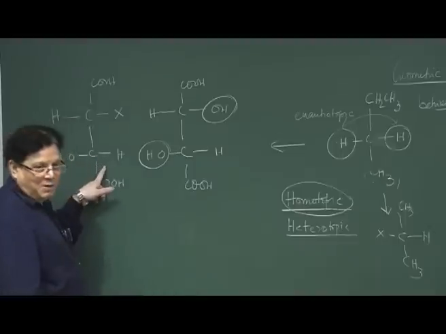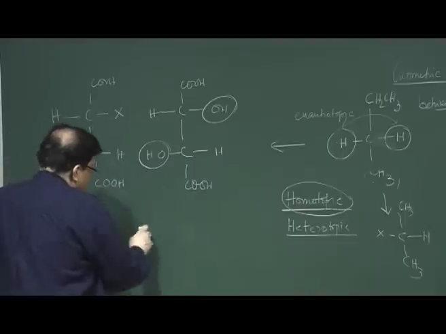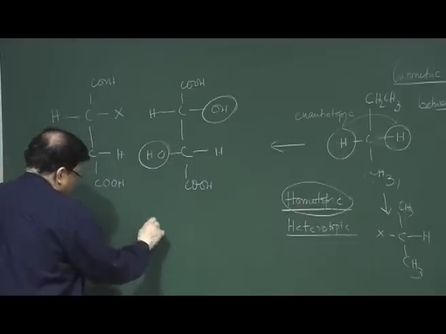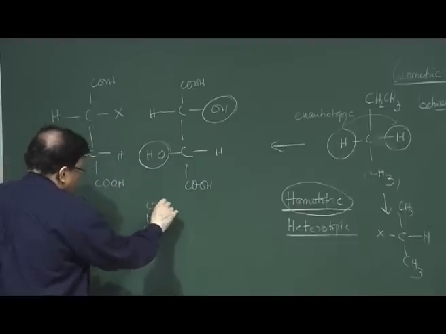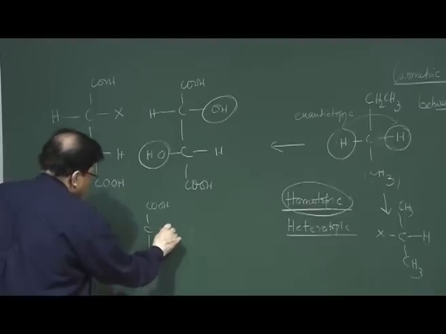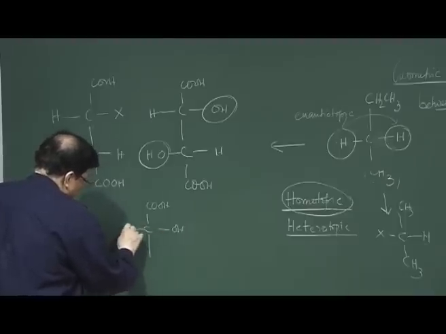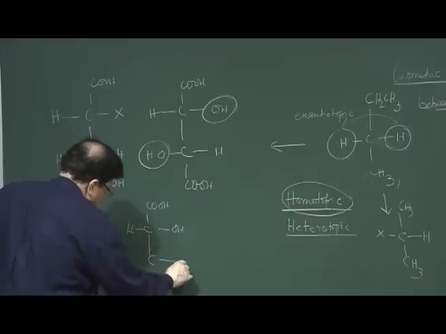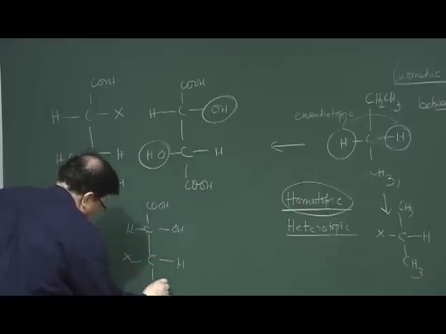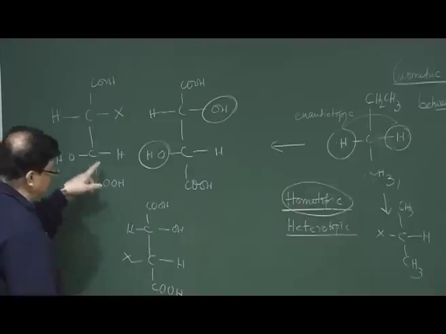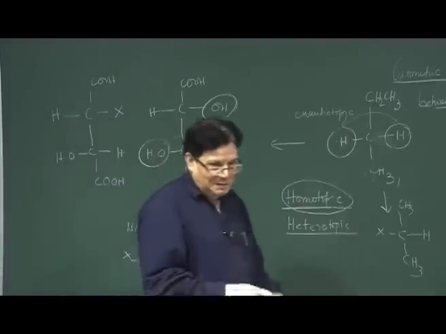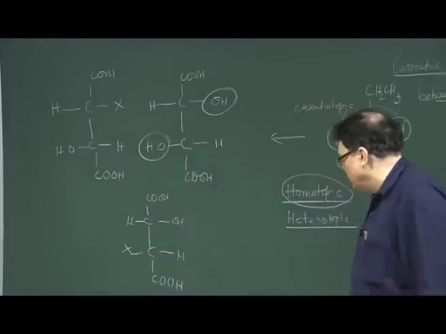So, you get this compound and you replace the bottom one. If you do that, what you end up with is OH, H, C, H, X and COOH. Now, what is the relationship between this and that? What is the relationship between this and that?